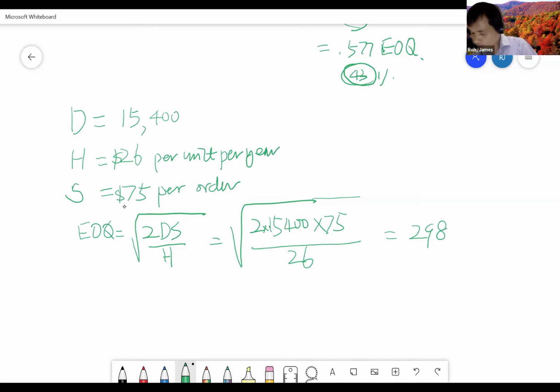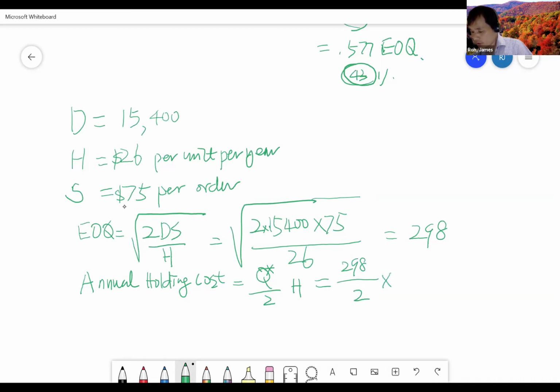Now you have to calculate annual holding cost, and the annual holding cost is Q star over 2 times H, right? So that's the formula that I discussed today. So 298 over 2 times H, where H is $26, and if you do that, you will get 3,875.